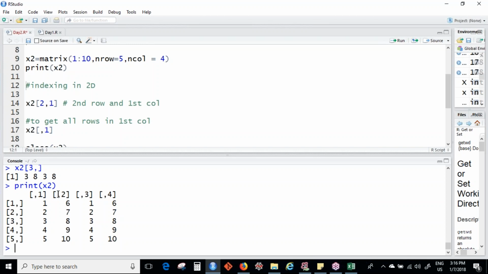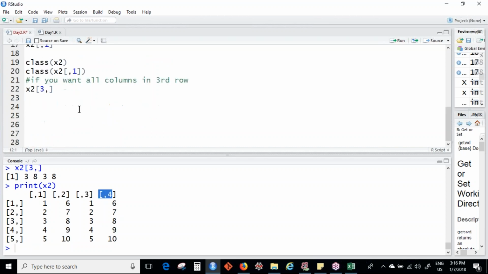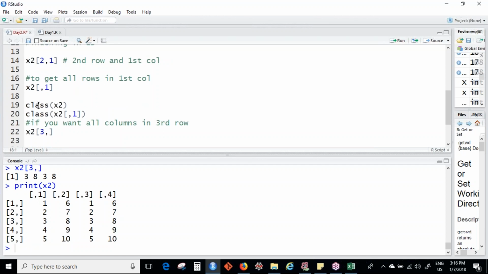Similarly, space 2 means all the rows second column, and so on. Similarly here, first row all the columns, and fifth row all the columns. These are identifiers for the columns and the rows. Is that clear, everybody?